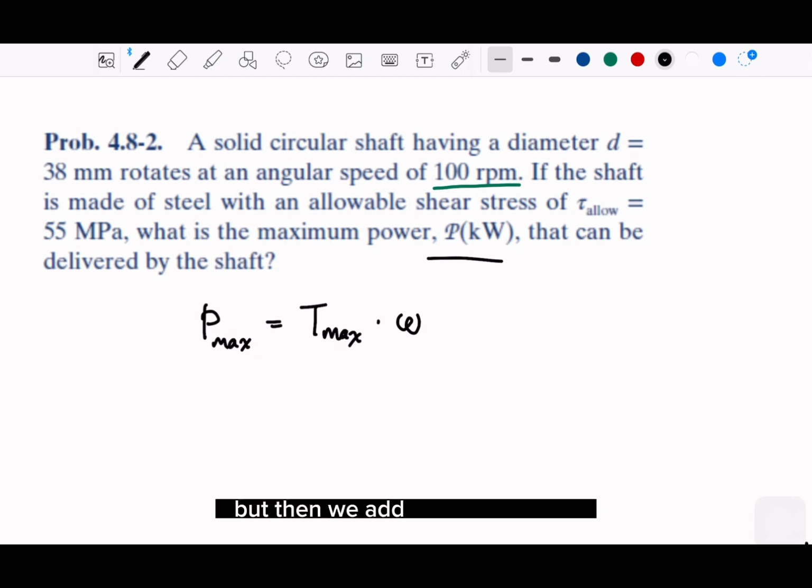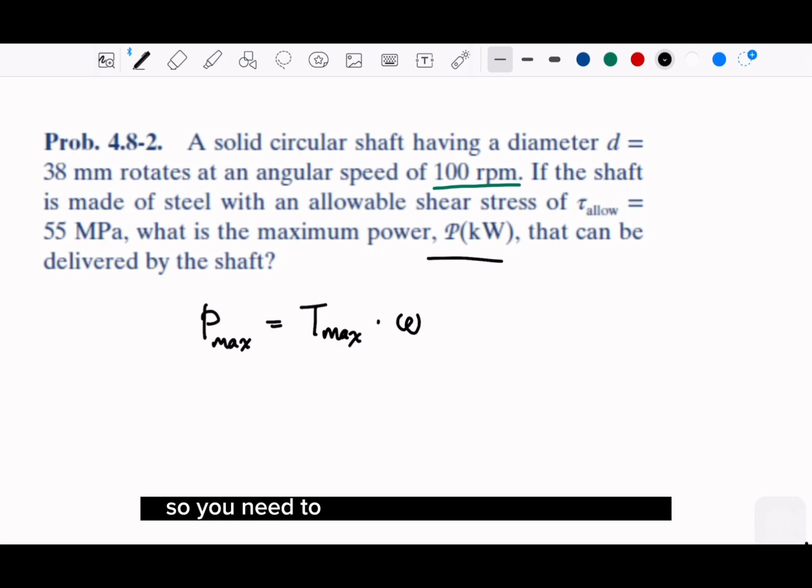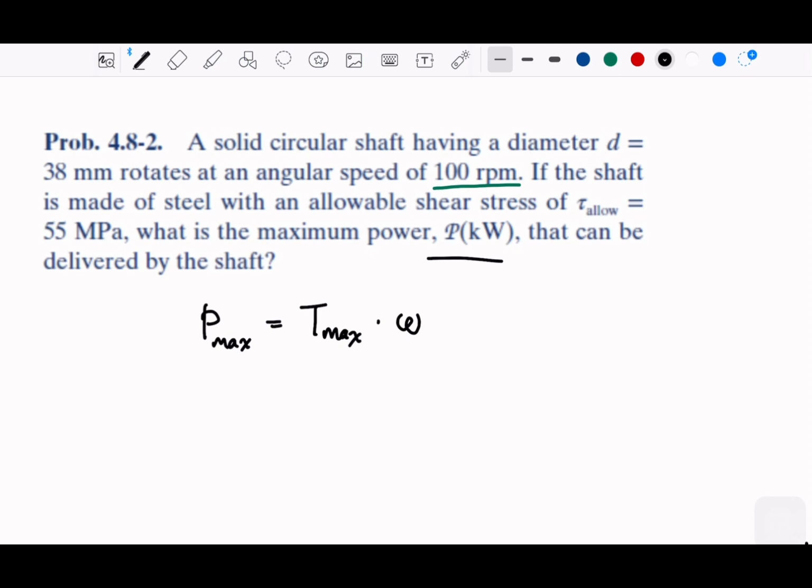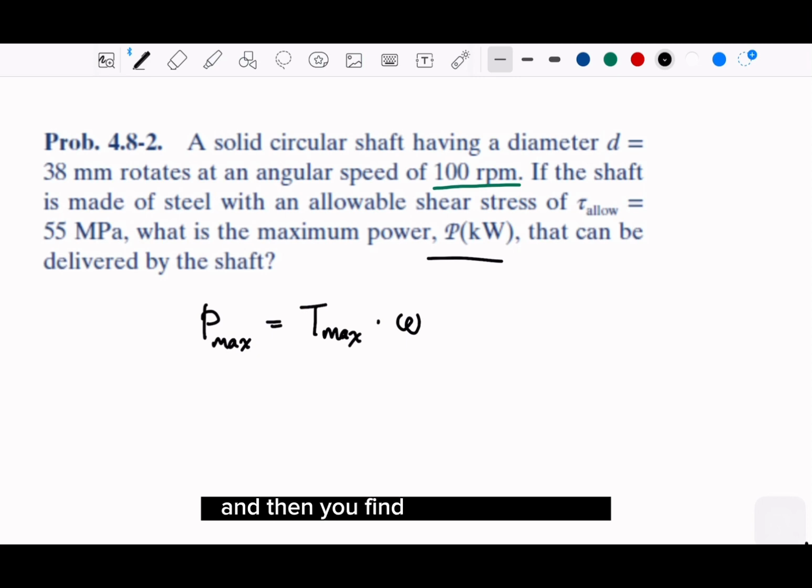But then we add some additional accessory, like the power, and then you need to define how much displacement for the angle. So you need to find the torque from the power, and then the angle, and then you find the displacement. It can be something like that.